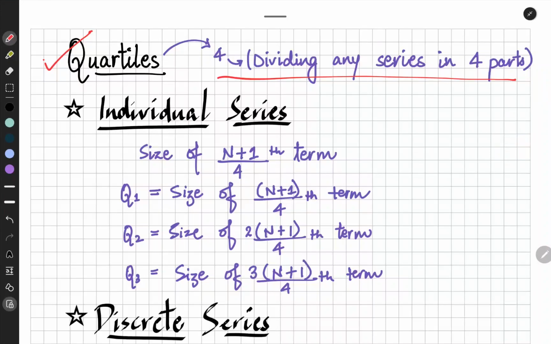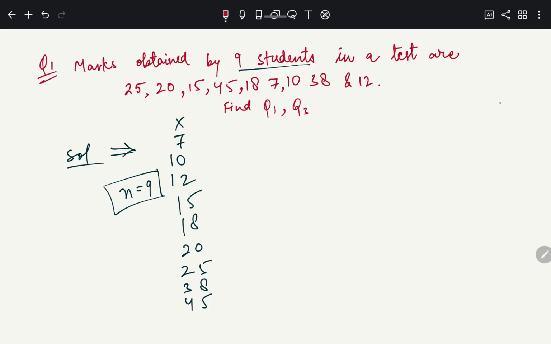Let's see an example. So here we have a question for quartiles, individual series. In this question, marks are given as x and we have to find Q1 and Q3. What is the formula of quartile 1?